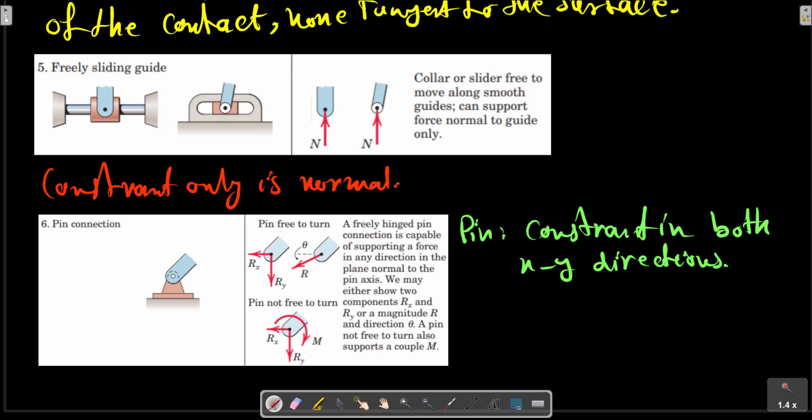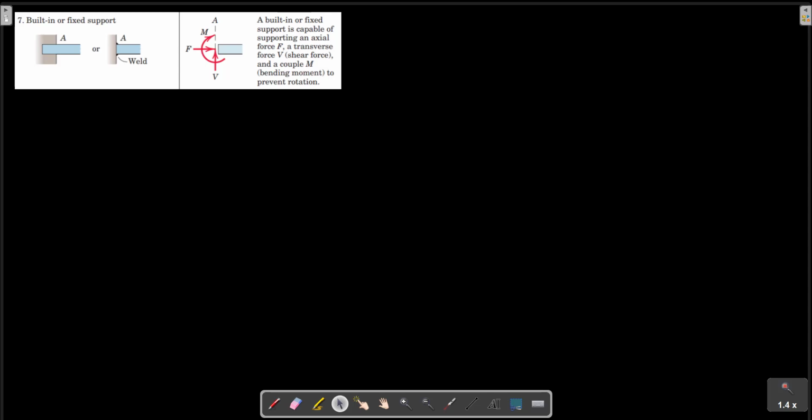But it offers no resistance to rotation about the pin unless the pin is not free to turn. The fixed support of example 7, consider this example, a fixed support. A fixed support, however, offers constraint against rotation as well as lateral movement.